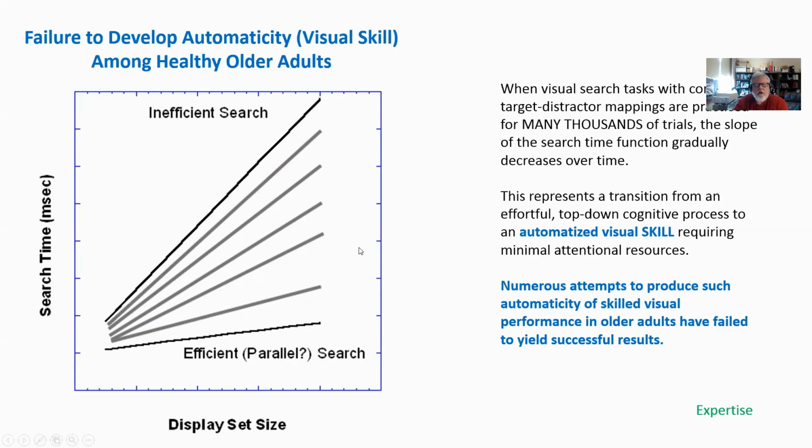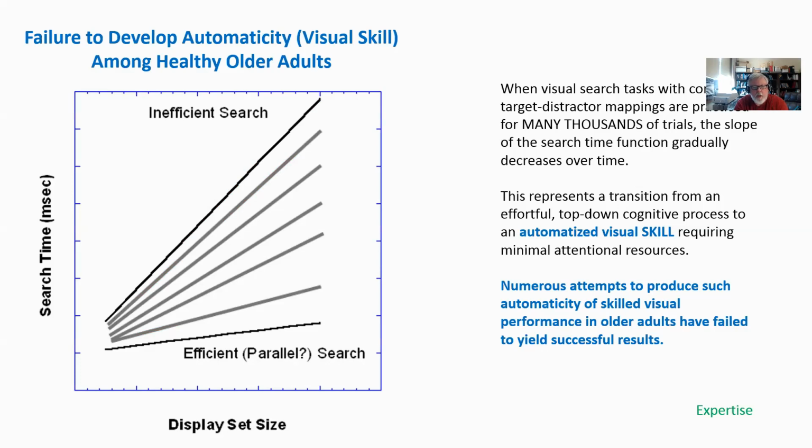As we work on this task over and over and over again, we develop visual skills. And that's called an automaticity of a task, where it changes from being a slow serial cognitive process to a faster, more efficient process that begins to approximate what we referred to earlier as parallel processing. And this automation of visual skills is quite an active area of research.